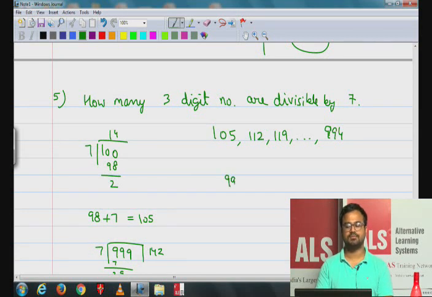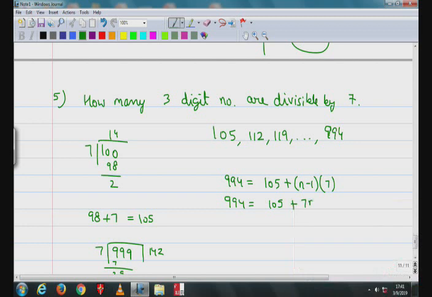So last term is equal to a plus (n minus 1) into d. So 994 is equal to 105 plus 7n minus 7, that will be 98 plus 7n, equal to 994.